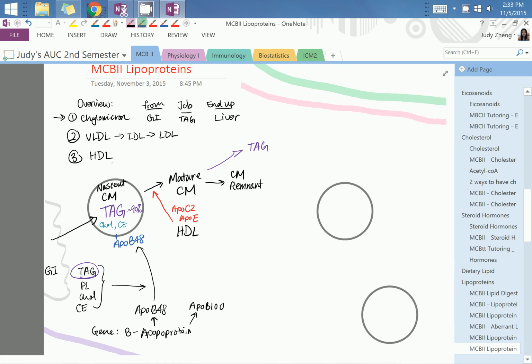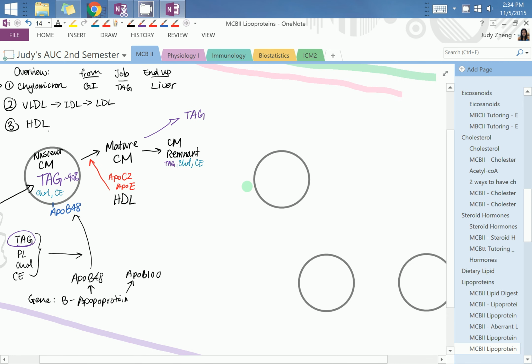So the chylomicron remnant is basically going to have very little triglycerides, and it's still going to have the cholesterol and cholesterol esters.